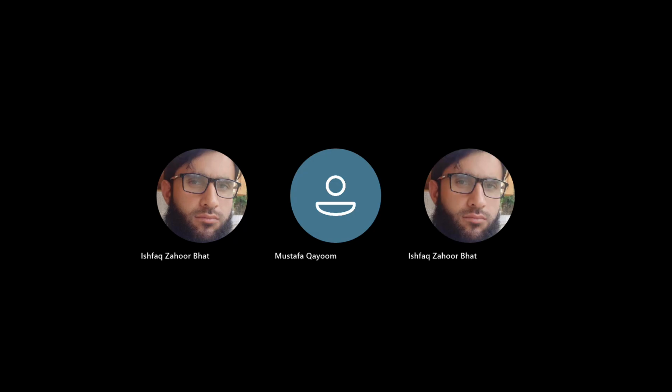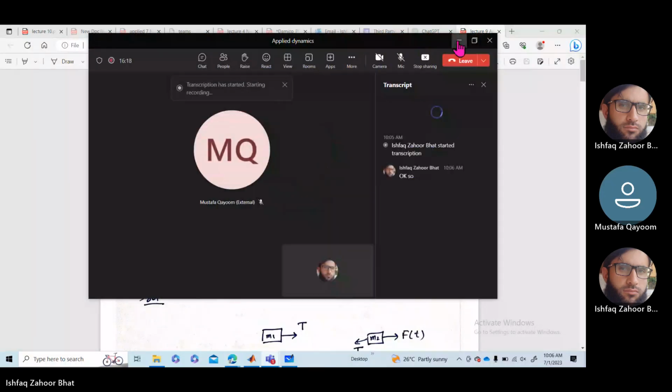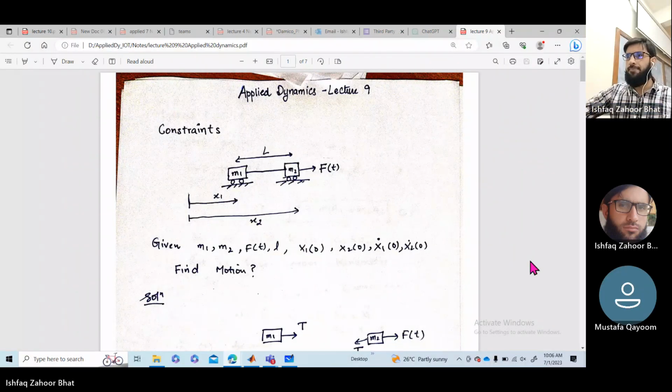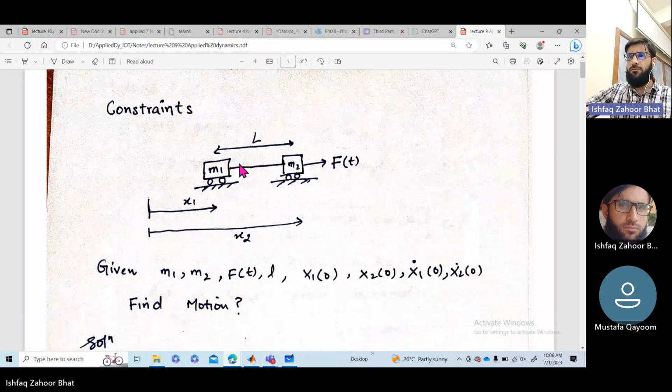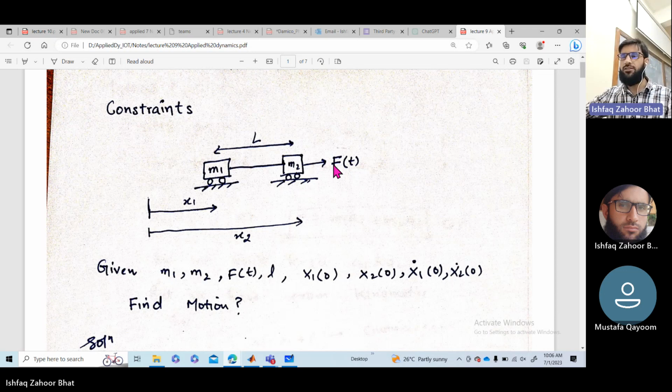Okay, so let us quickly recall what we did in the last lecture. We took a problem where the two masses were connected by a massless rod with length L, and an external force was applied on mass M2.